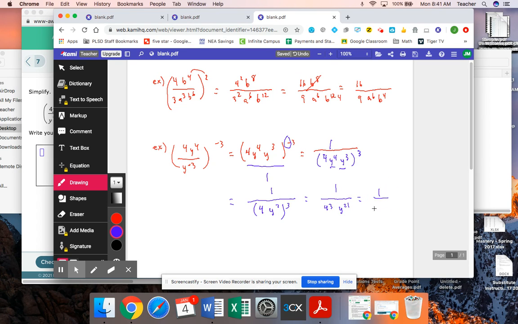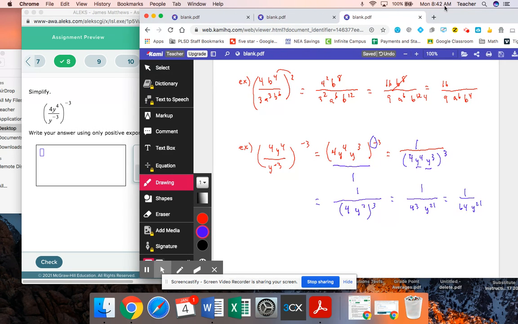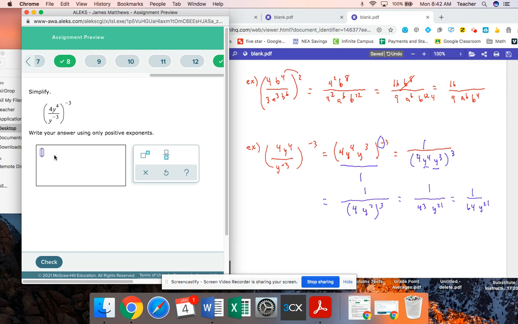But 4 to the 3rd is 64, y to the 21st. So even though it looked aggressive, when I broke it into smaller pieces, I got something that's more manageable. You can do it in all kinds of orders, and it's just going to take some practice. But again, unless I made a simple mistake in adding or subtracting or multiplying, we should just have this as our final answer.